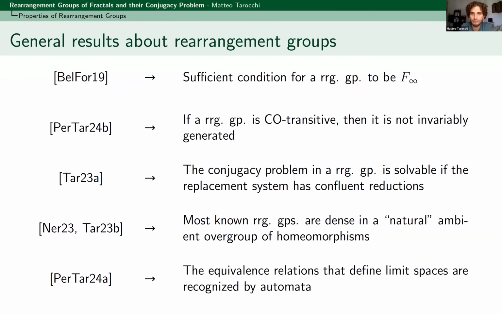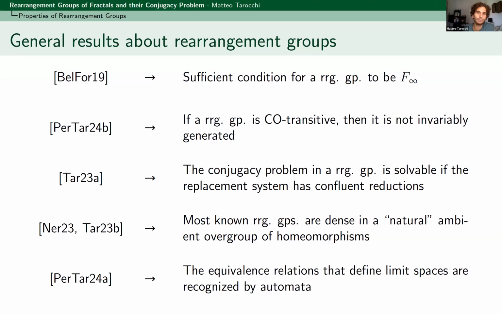And the last point here, which is last but not least, and very interesting in my opinion, is the fact that the equivalence relation that I hinted at earlier, the one that defines the limit space as a quotient of the Cantor space of sequences of edges, is rational. So it is recognized by an automaton.